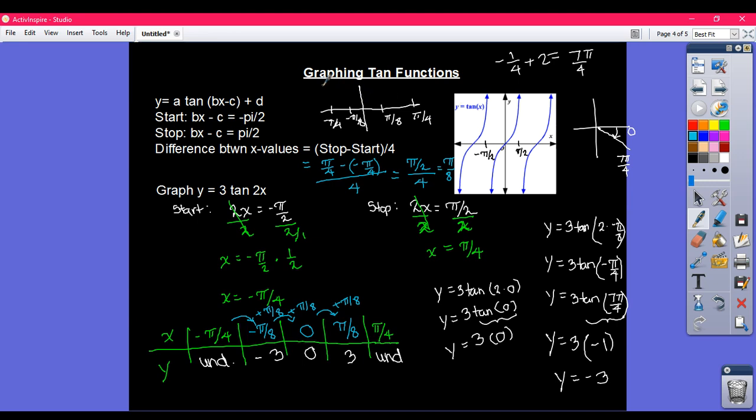So at negative pi over 4, it's undefined, which means vertical asymptote, pi over 4, same thing. At negative pi over 8, I'm at negative 3. 0, I'm at 0. Pi over 8, I'm at positive 3. And I already know the shape of the graph, which is not going to change. So it's going to kind of look like this. And mind you, I am not an artist, so there's your graph. Hope this helps.